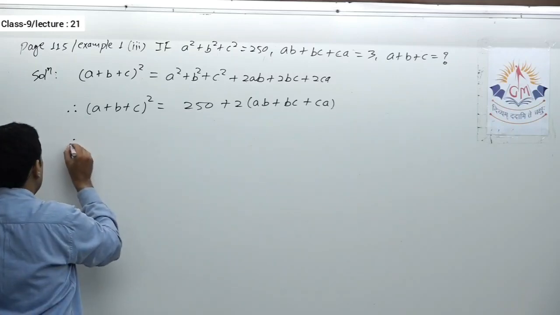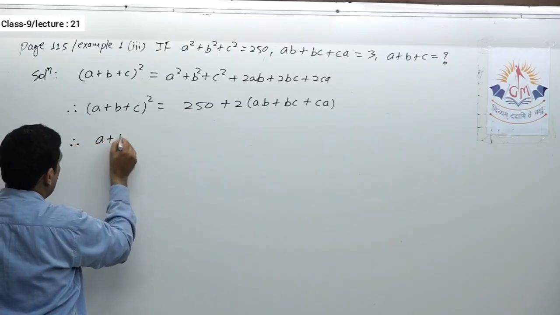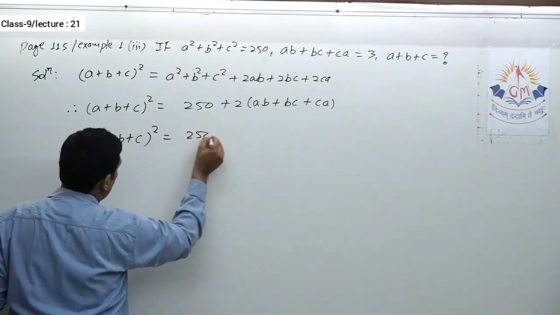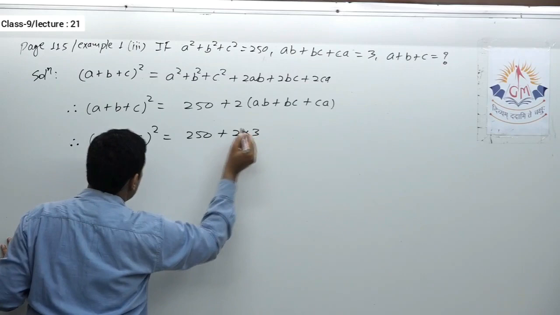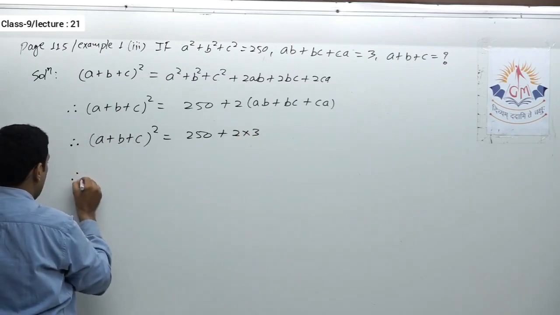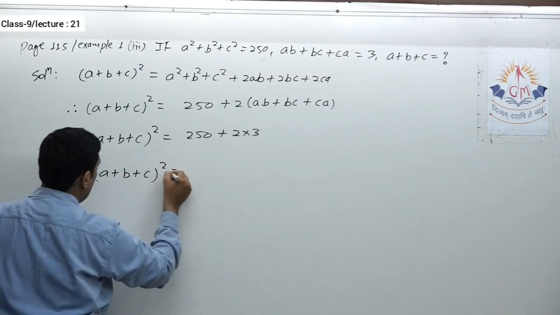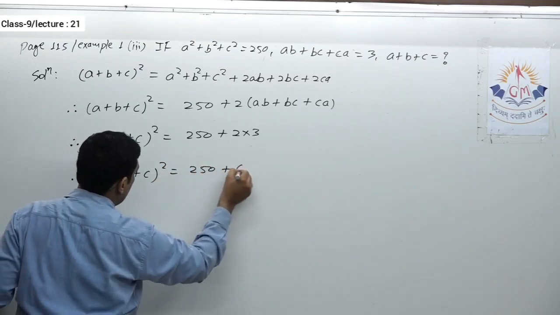So this will become (a + b + c) whole square is equal to 250 plus 2 into 3, that is (a + b + c) whole square is equal to 250 plus 6.